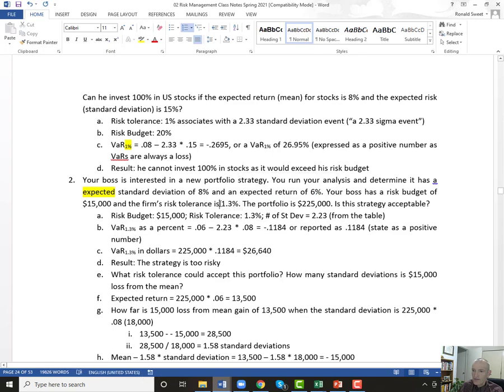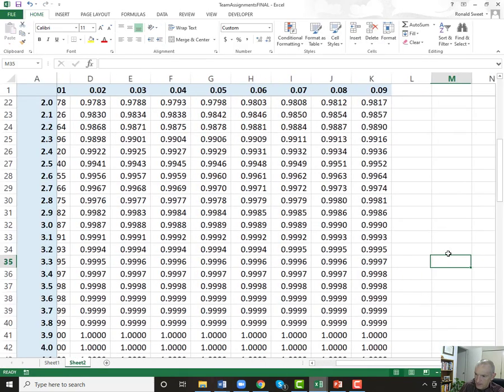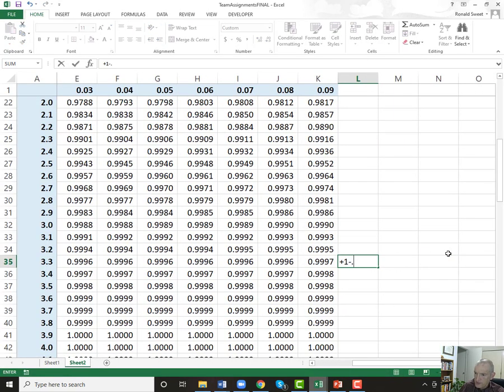So what is he looking for on the table? Well, 1 minus 0.013. So let's go find that number in the normal table. Some students get a little bit off here. For 1%, they're looking for 0.999, so they're off a decimal.